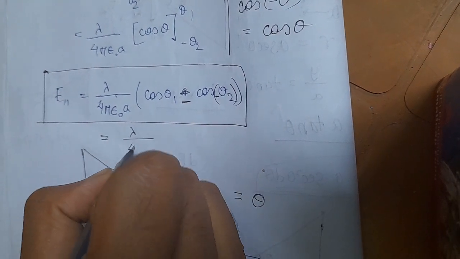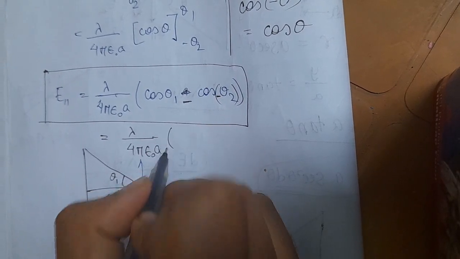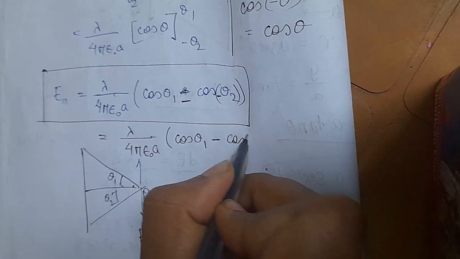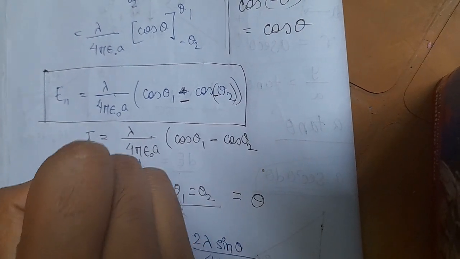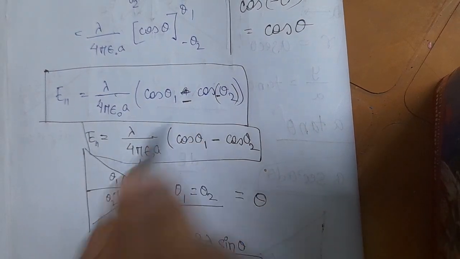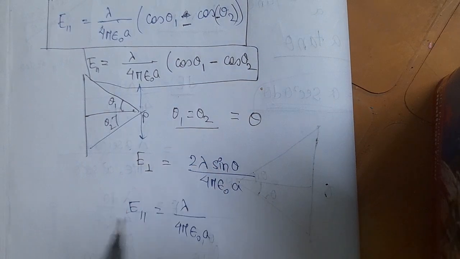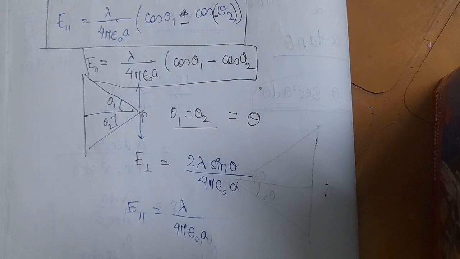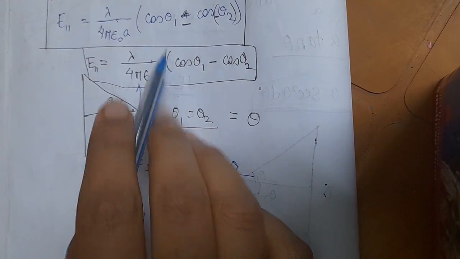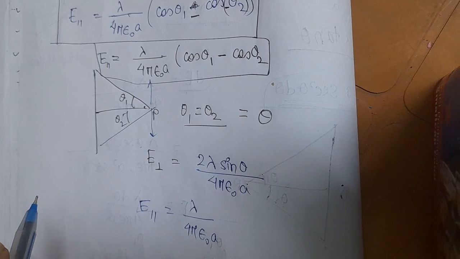It is over 4 pi epsilon naught a, times cos theta 1 minus cos theta 2. Yeah, now it's fine. Another insight: don't jump steps even at a minus step. If you solve neatly with every step, it is for your own benefit, not for the benefit of others.